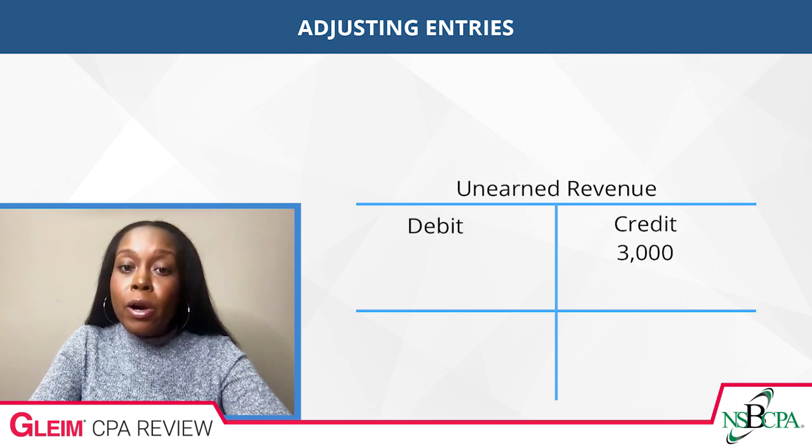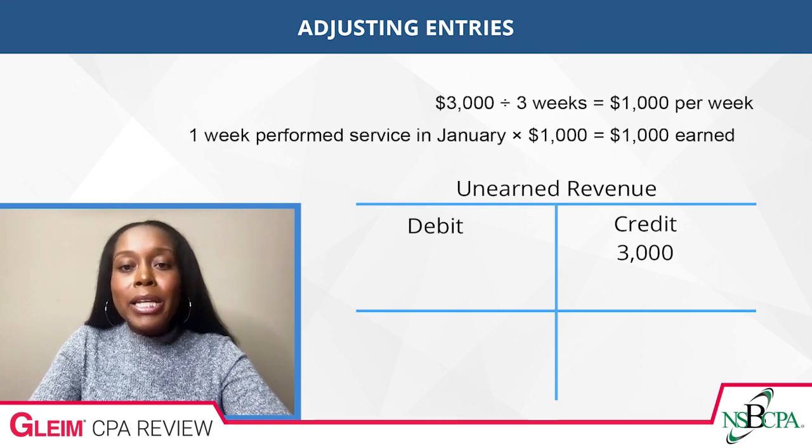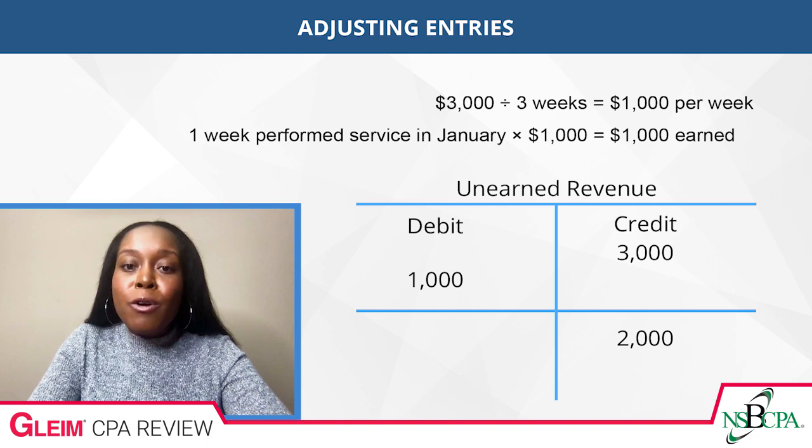Now, we correctly recorded that $3,000 in the liability account of unearned revenue when we received the money. $3,000 for 3 weeks of service would only be $1,000 per week. 1 week of service was performed in January, which would mean that now, by the end of the month, we have earned $1,000 of that total $3,000. By performing the service, we have fulfilled $1,000 of our obligation or commitment to this customer.